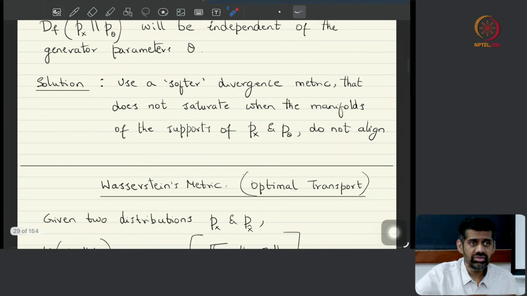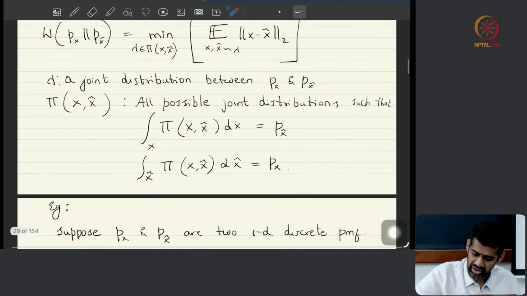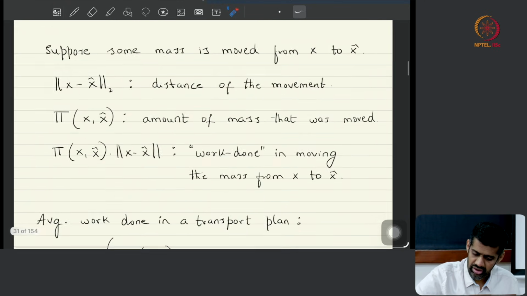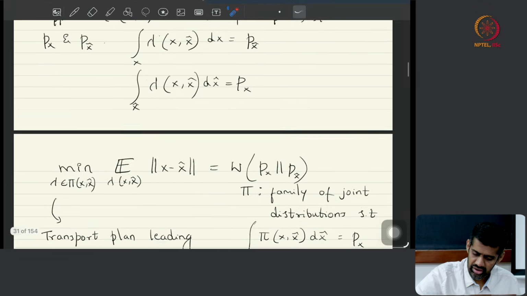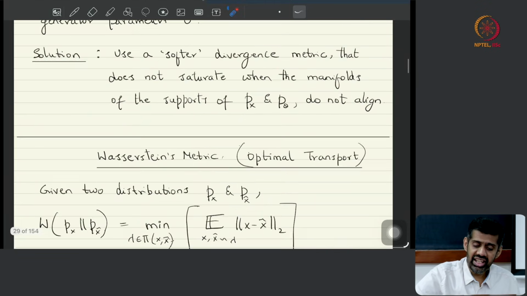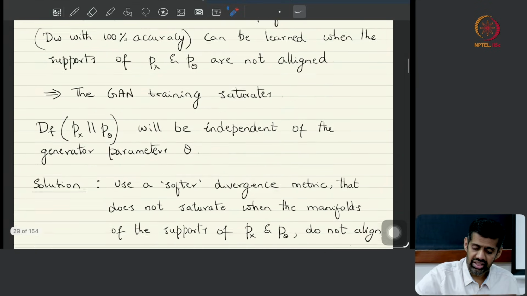Now how do you solve this problem? In fact, there is a degenerate case that one can construct to show this.